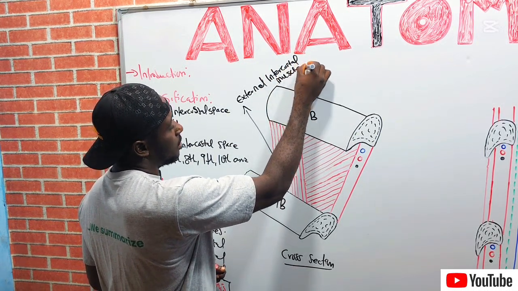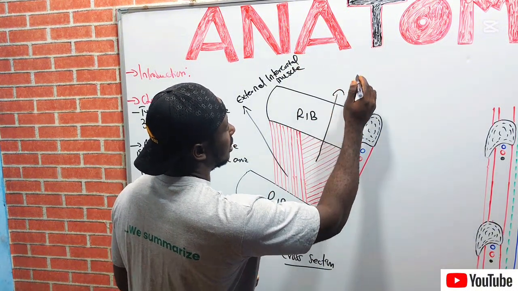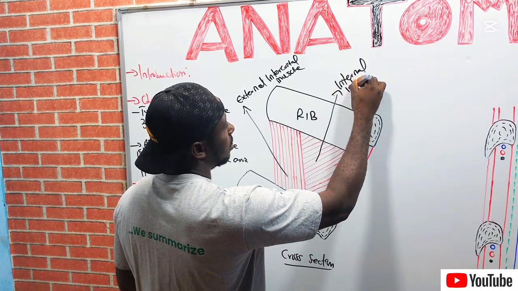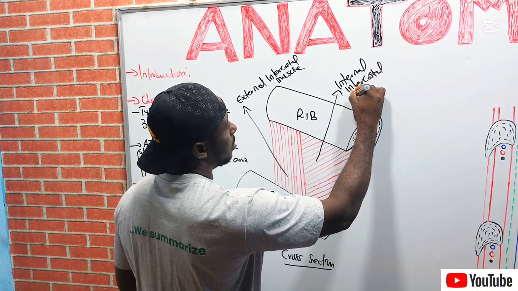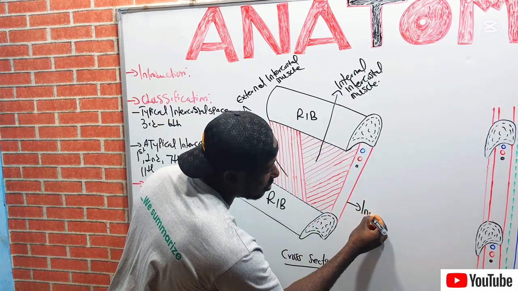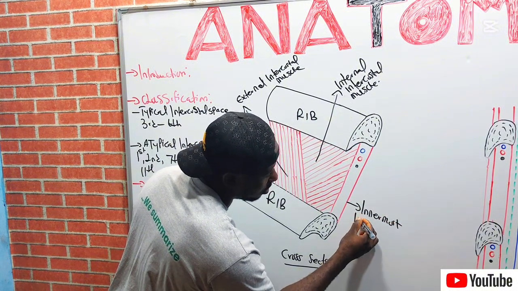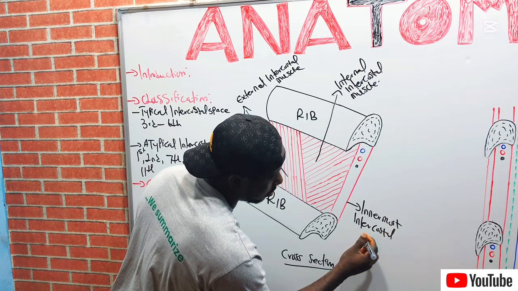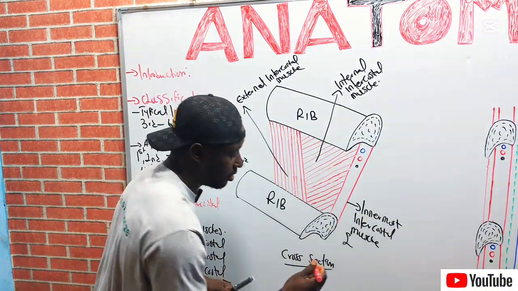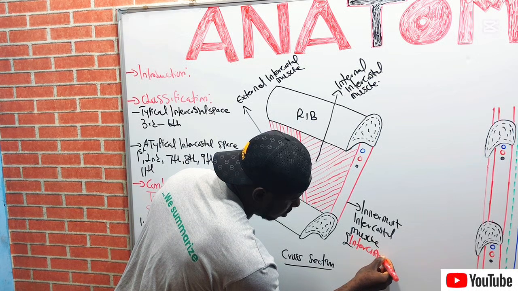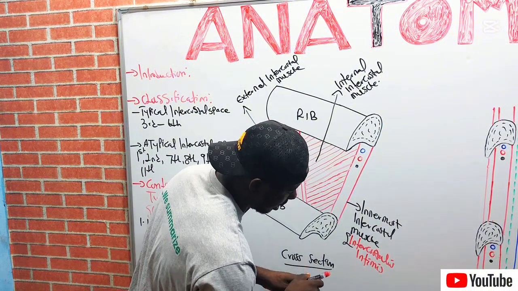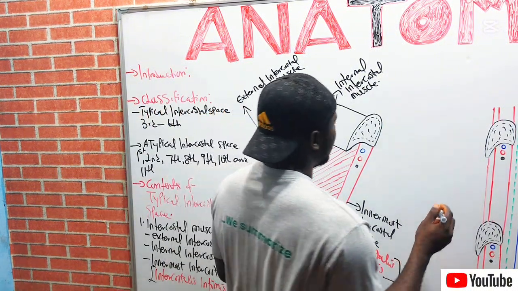This is the internal intercostal muscle, while this is the innermost intercostal muscle, which can be called intercostalis intimis muscle. This remains the rib.